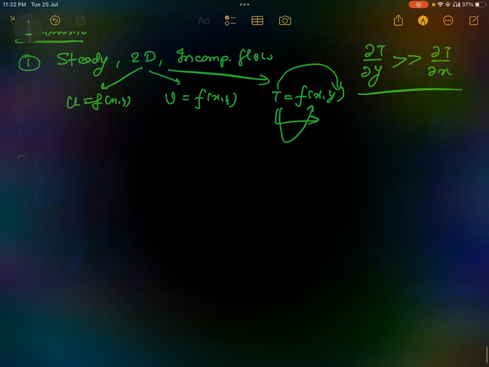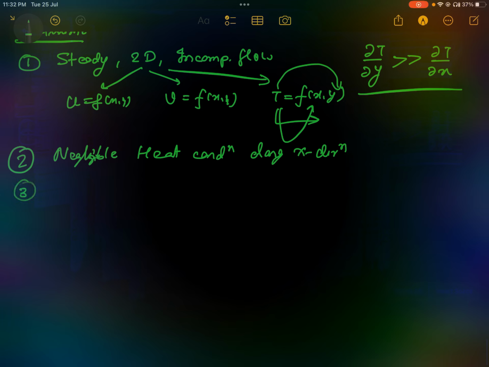Right? The second assumption is that heat conduction along the x direction is negligible. Third, we have assumed constant fluid properties.